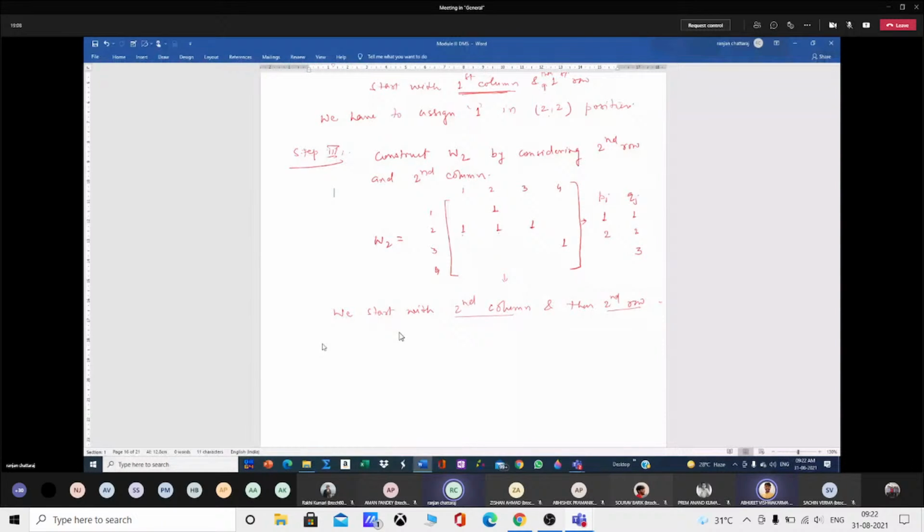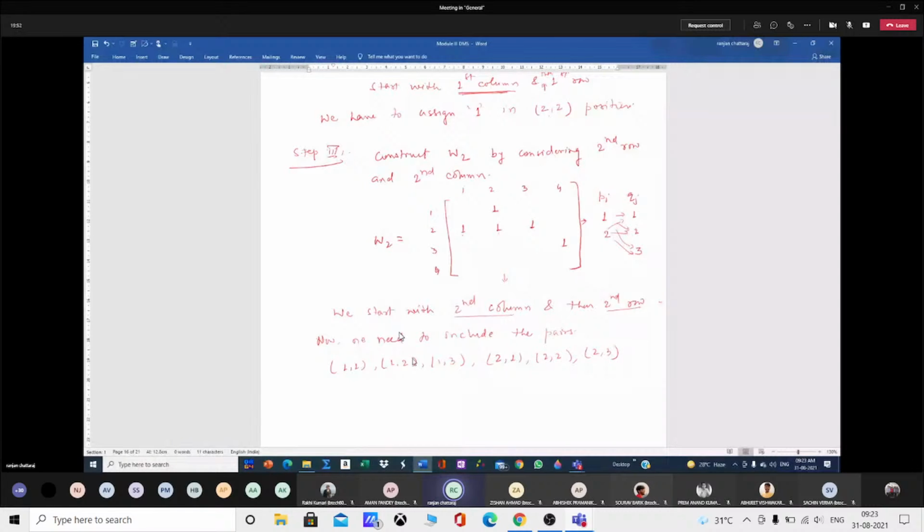So 1, 1 and 2. This is 1, 1, then 1, 2, and then 2, 3. Similarly, 2, 1, 2, 2, 2, 3. Okay, so 1, 1, 1, 2, 1, 3, and 2, 1, 2, 2, 2, 3.